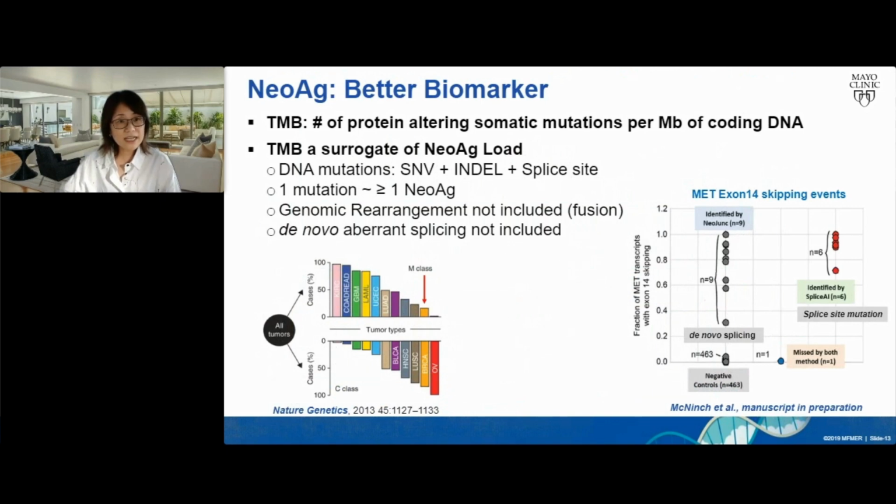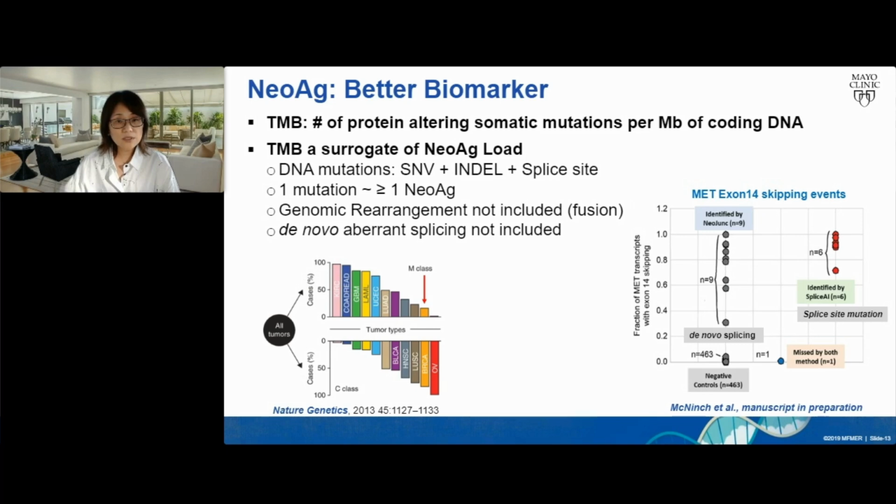TMB is calculated as the number of protein-altering mutations per megabase of coding DNA, which comprises SNV, indel, and splice site mutations. First, the ratios of mutations versus neoantigens are often 1 to many. Second, both genomic rearrangements and RNA de novo splicings are not counted towards TMB. An earlier Nature Genetics paper showed that cancers in ovary or breast are C-type, mostly driven by genomic rearrangements, but not small mutations.